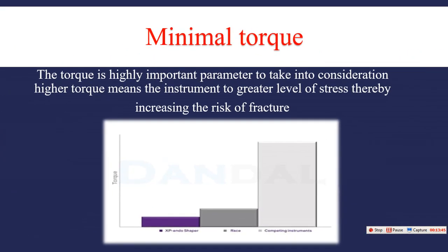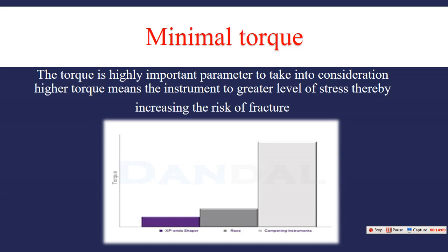The second benefit: minimal torque. Torque is very important to take into consideration when using the instrument, because higher torque means the instrument creates a greater level of stress or microcracks inside the dentine. When comparing this instrument with other instruments, this instrument's torque is only 1.